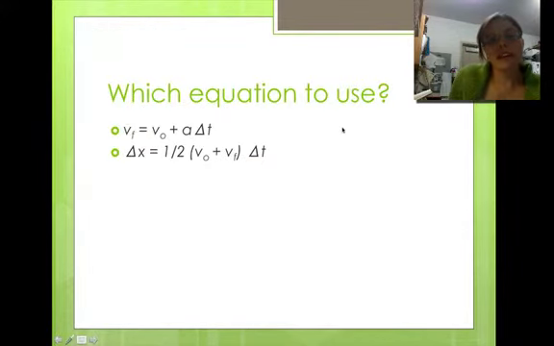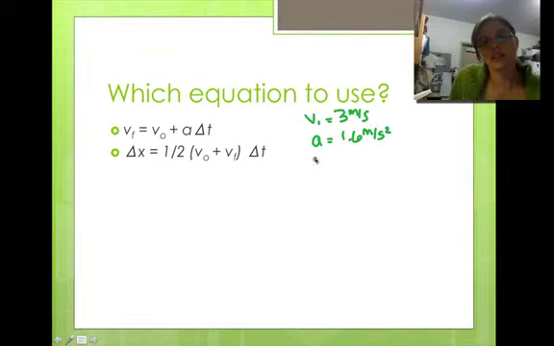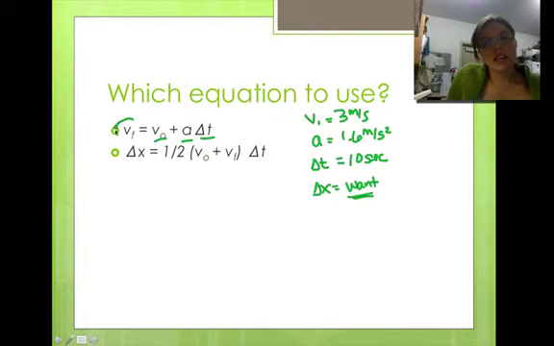So we are given VI of the boat was 3 meters per second. We're given that the acceleration is 1.6 meters per second squared. We're given that the change of time is 10 seconds. And we want change in x. Well, we're given VI, A, and change in t, so we can find VF, but we want change in x.